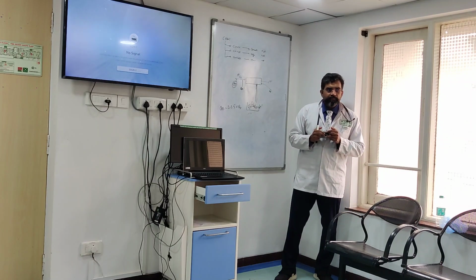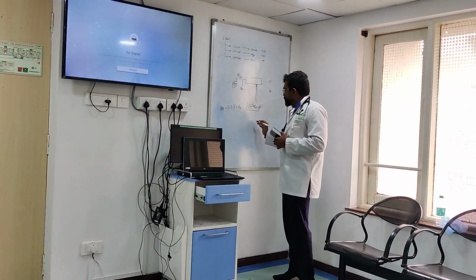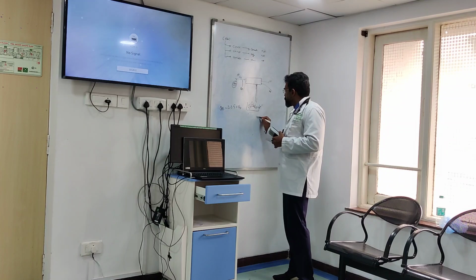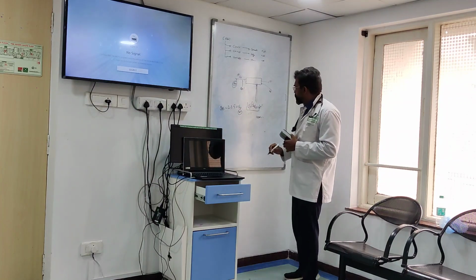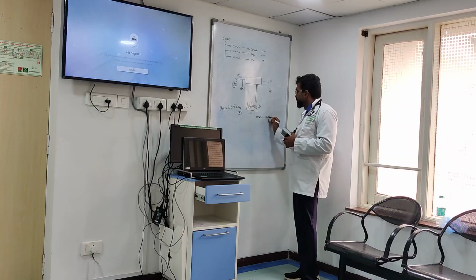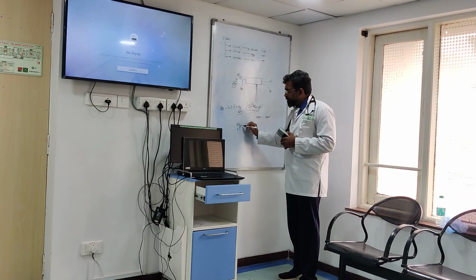So now let's take the example of 1000. So 1000 into 2 is how much? My dialysate is 1000, no? So 1000 into 2 is 2000. QB is 150. If I'm putting ml per minute into 60, कितना हो गया? 9,000.